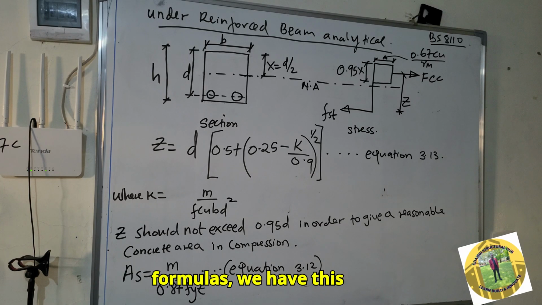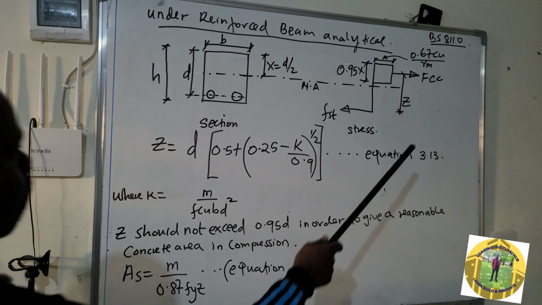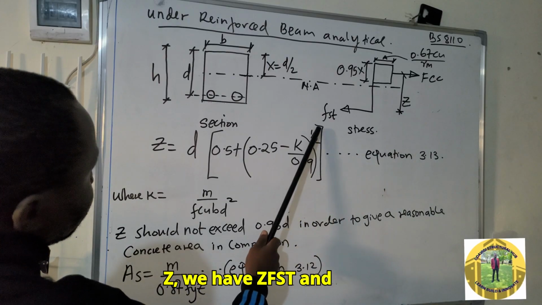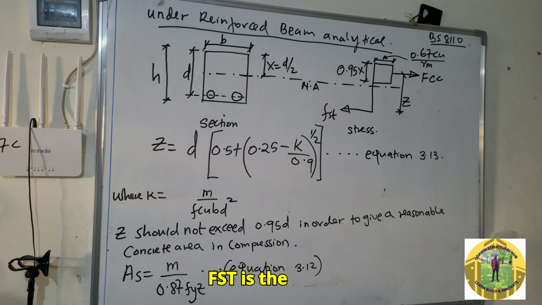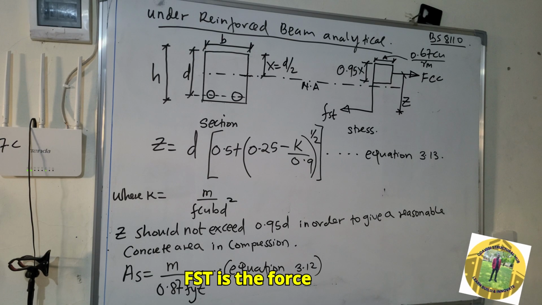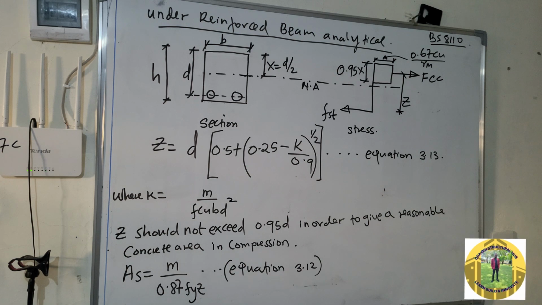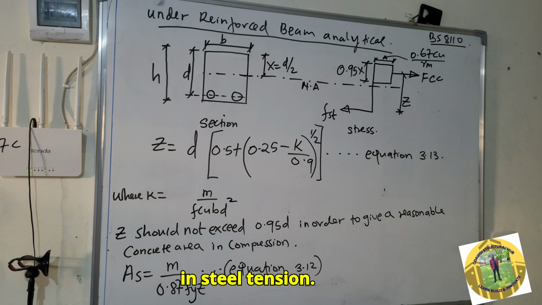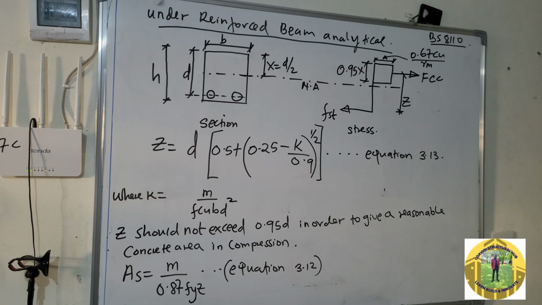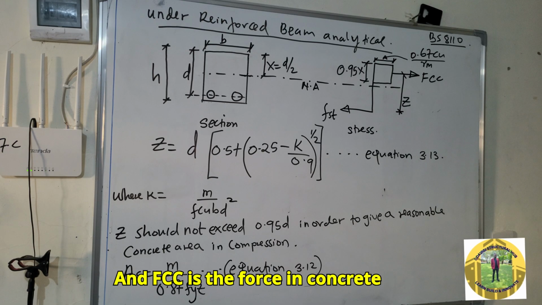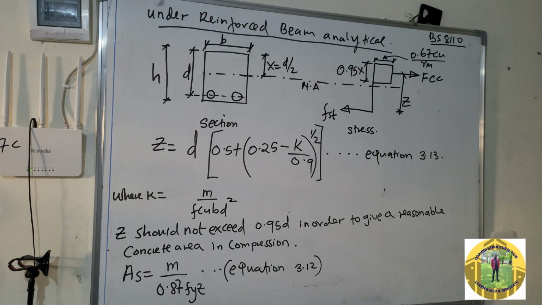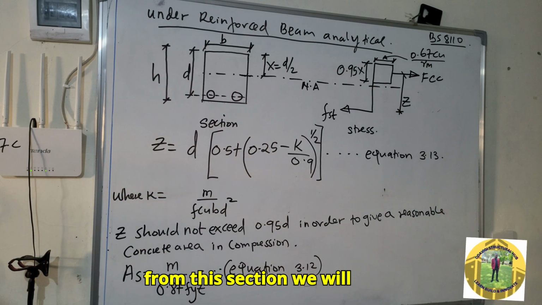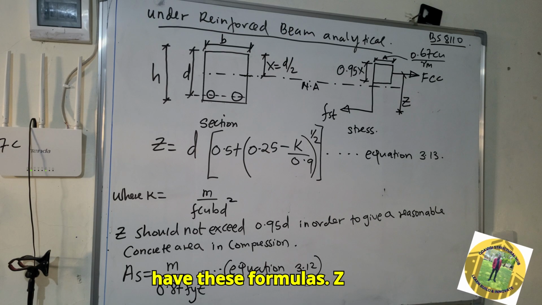Before I go to the formulas, we have z, we have FST and FCC. FST is the force in steel tension, and FCC is the force in concrete compression. From this section, we will have these formulas.